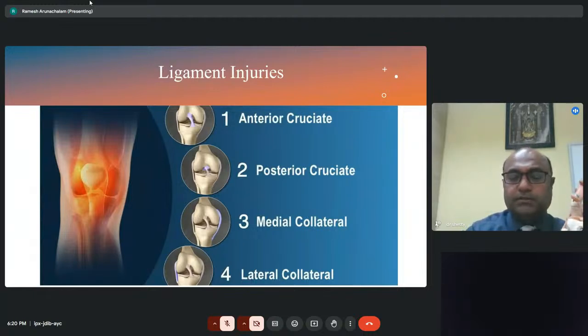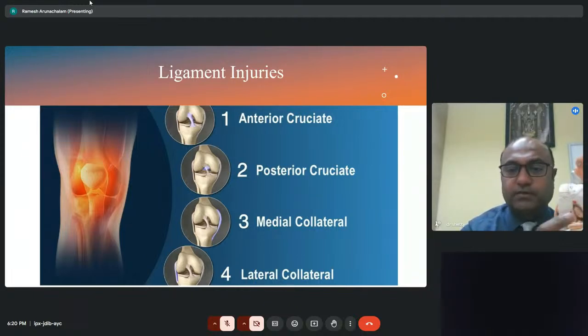So we discussed the ligaments and the injuries. Usually, the most common injury is the ACL, anterior cruciate ligament. If it's a complete rupture, then the person will have instability. And it is one of the most successful surgeries in orthopedics, where we reconstruct the ACL. If there is a meniscus tear, we repair it through small keyholes, no cuts in the knee.